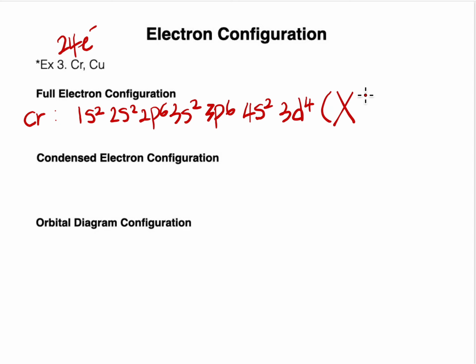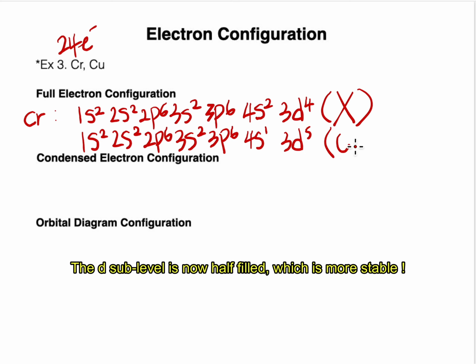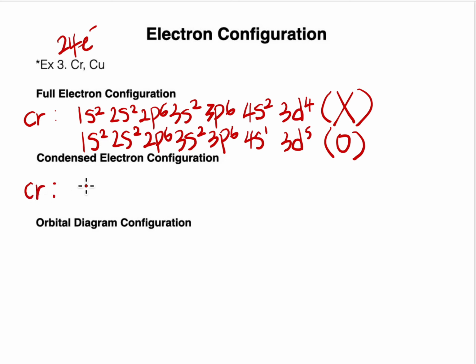The d sublevel becoming half full or completely full is more energetically stable than filling up the 4s orbital and making the last d orbital empty or half empty. So its electron configuration will actually be written like this: 4s1 and 3d5. Now looking at the periodic table, we can condense their electron configuration as [Ar] 4s1, 3d5.